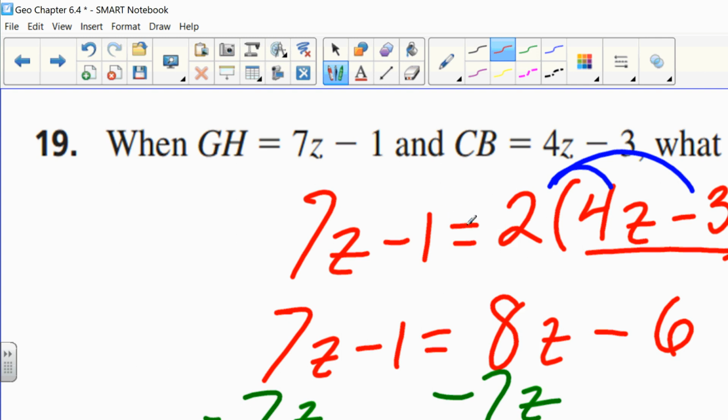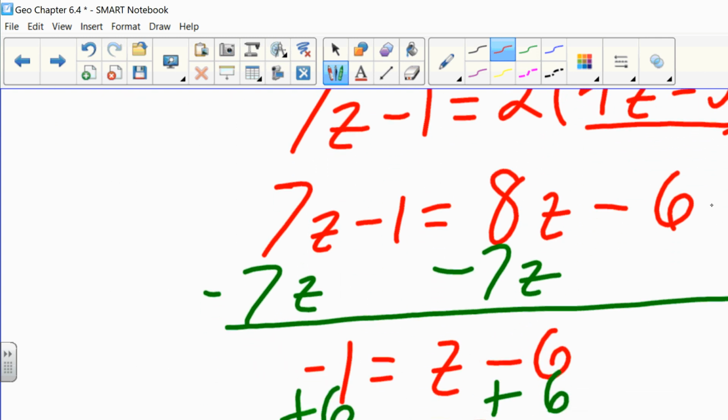Now, GA, the smaller section, would be 34 divided by 2, and we would get 17. Now, if we did 4 times 5 minus 3, that would be 20 minus 3, which is 17.